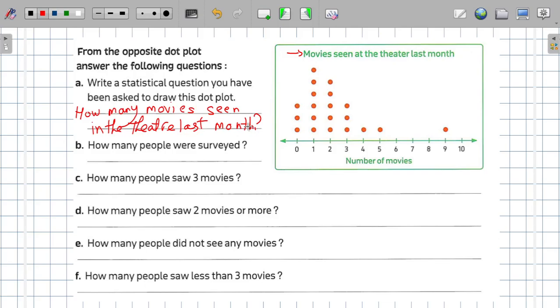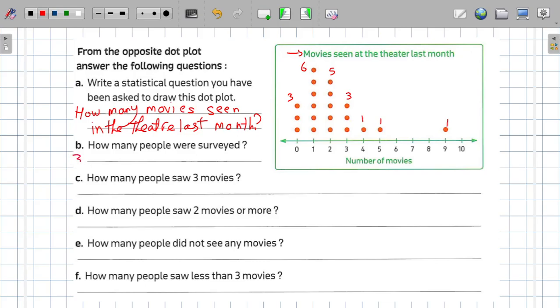Okay, so let's answer the next questions. The first one here, how many people were surveyed? So I want the total of all dots. The first one here is 3. Next I have 6. Next I have 5. Next I have 3, 1, 1, and 1. So I will add them together.